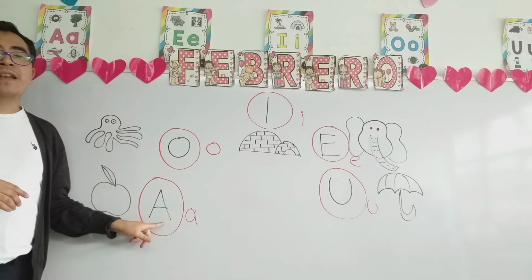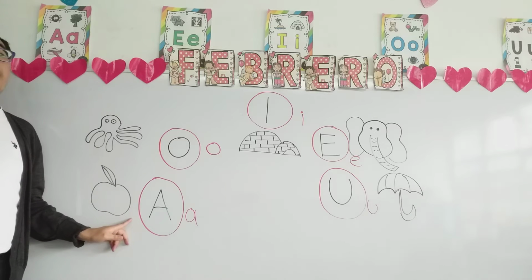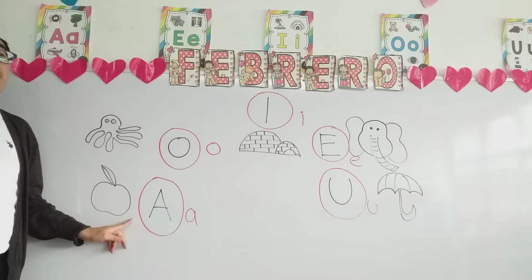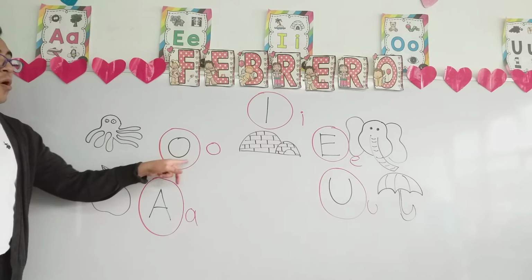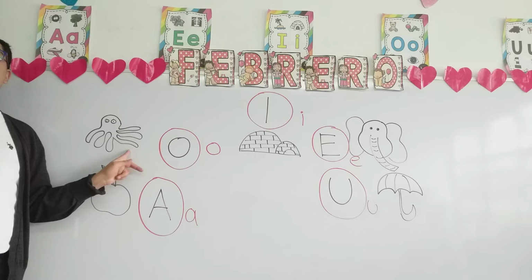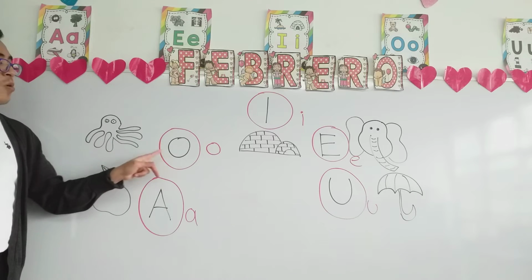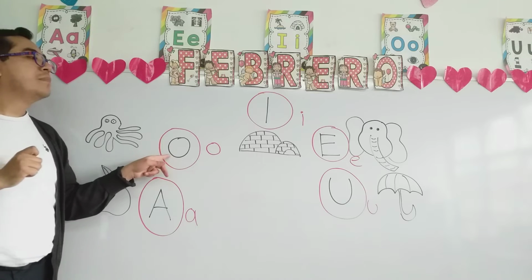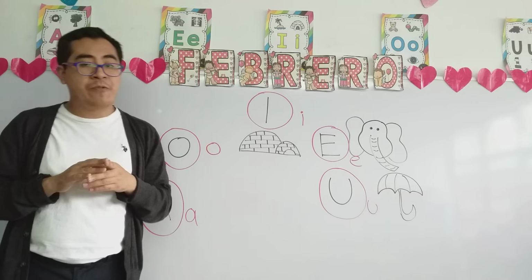In the case of the letter A, we have apple. The word apple, en Spanish manzana, begins with the letter A. For the letter O, we have octopus, an animal of the sea. The word octopus begins with the letter O. We have igloo, the house of the penguins.